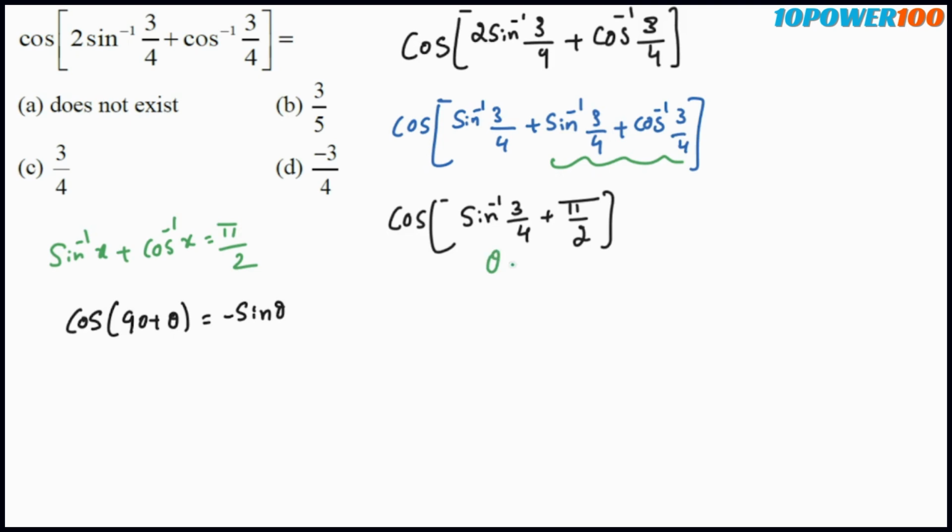Cos of 90 plus theta becomes minus sine of, in place of theta we have sine inverse of 3 by 4. By using the self-adjusting properties, sine inverse and sine get cancelled out. We get only minus 3 by 4. So the answer is minus 3 by 4. Option D is the correct answer.